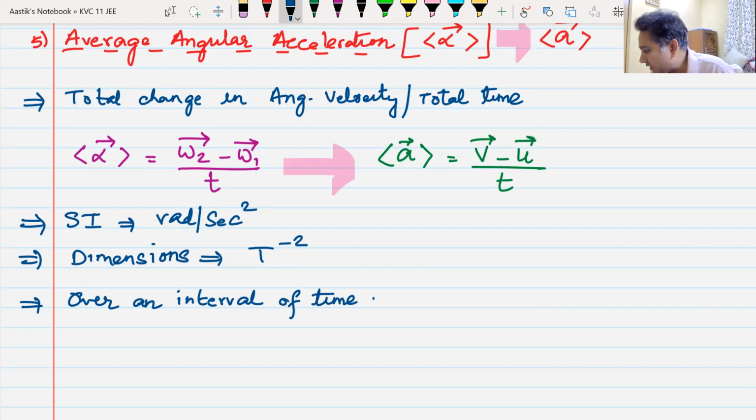Do we understand this? Yes or no? This was average angular acceleration.